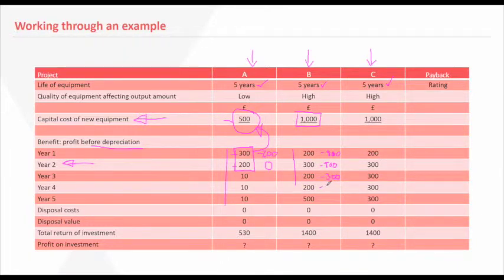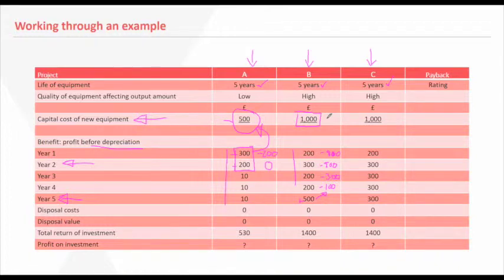So now, still not paid back, we're down £100. And finally, in year 5, we get 500 in, and that finishes paying back our project. So for project B, it's going to take us 5 years to recoup that initial £1,000 that we spent.